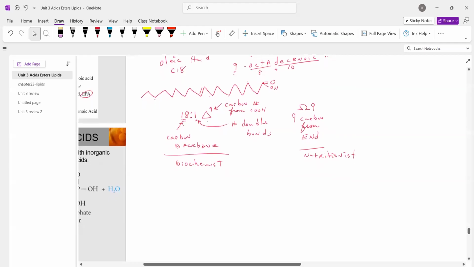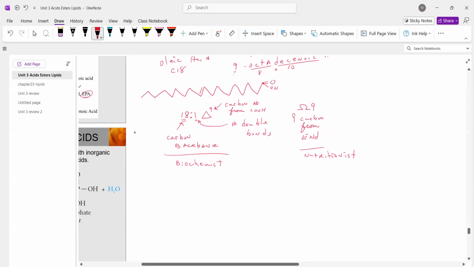Nutritionists frequently use the omega way of naming, and it counts from the end until you reach the first double bond. So, for example, this would be omega 1, 2, 3, 4, 5, 6, 7, 8, 9.